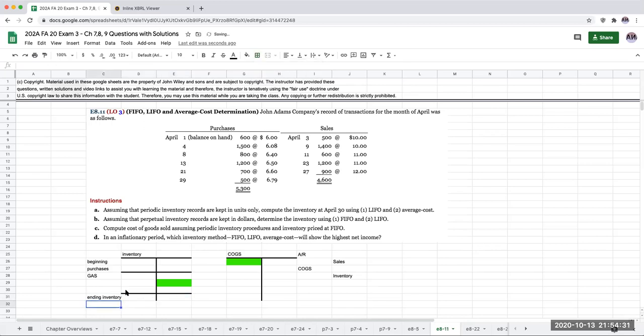When I look at this from an overall perspective, my goods available for sale, no matter what method I use, will always be the same. So how do I compute my goods available for sale? I'm going to look at each of my purchase dates.